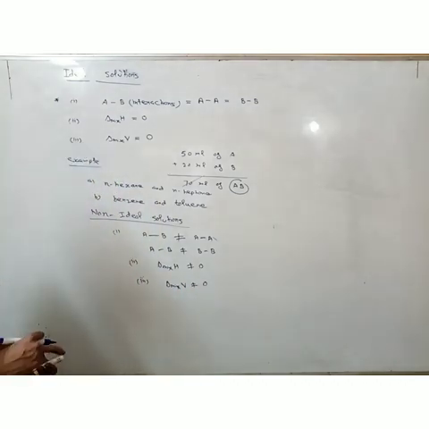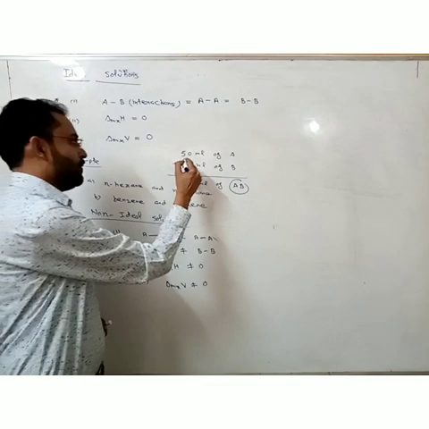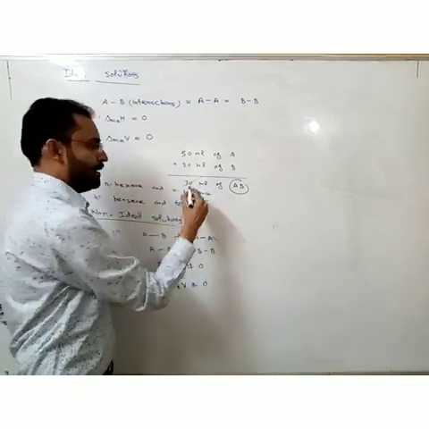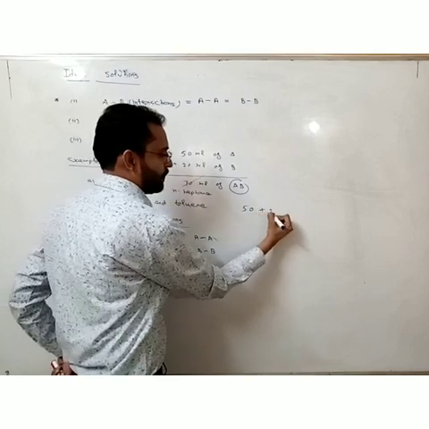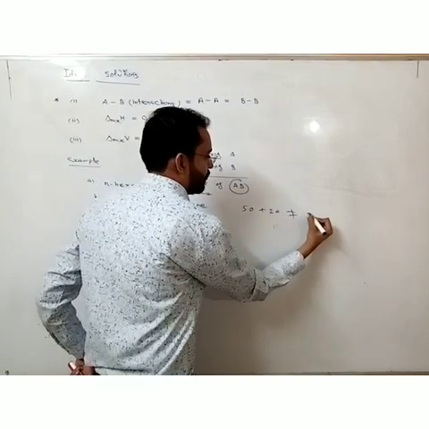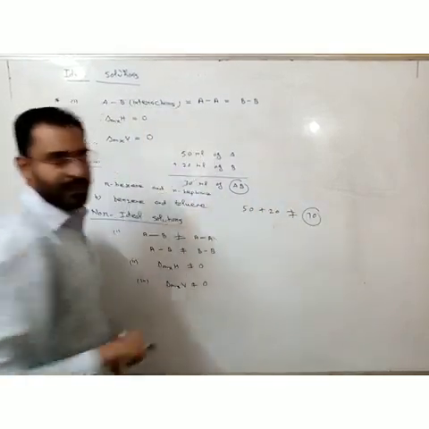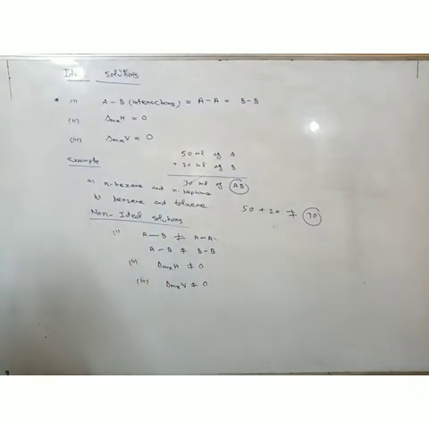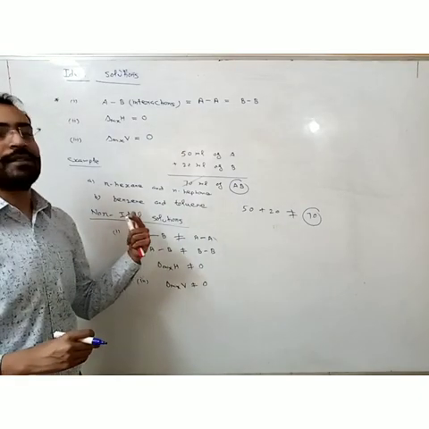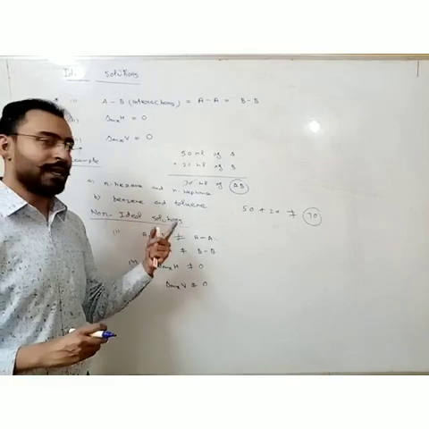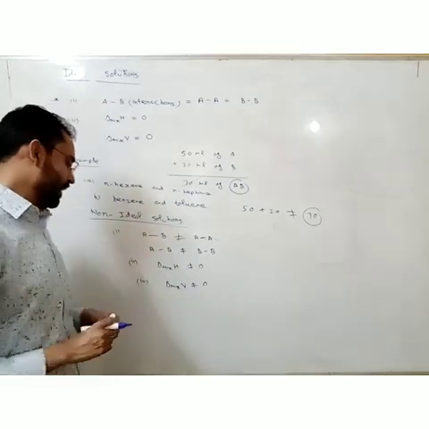So in case of non-ideal solutions, 50 plus 20 ml is not 70. It will be less than 70, or in certain cases it may be more than 70, but not 70 ml.